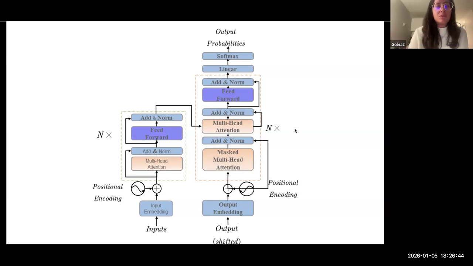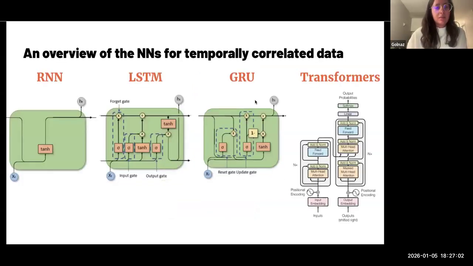I don't want you to memorize these names, but it's basically going through all those improvements, adding to them and coming up with better computational parts so that you can make sense of time series data. So that would be an overview of how models were designed to deal with temporally correlated data.